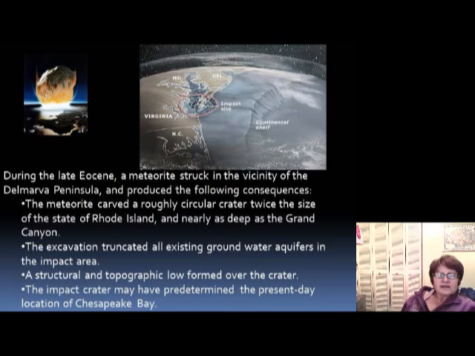Now, there is a very interesting thing which I want you to know about: in the Eocene, there was a major meteorite impact right here. And this meteorite impact made a huge depression in this area, and it seems that this depression actually shaped all the rivers going into the Chesapeake Bay area today because of this meteorite crater.